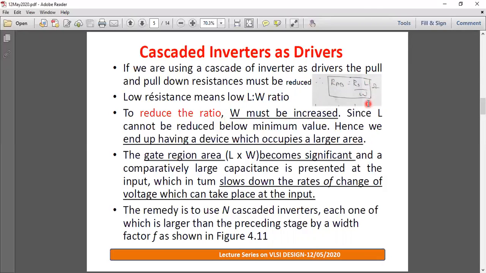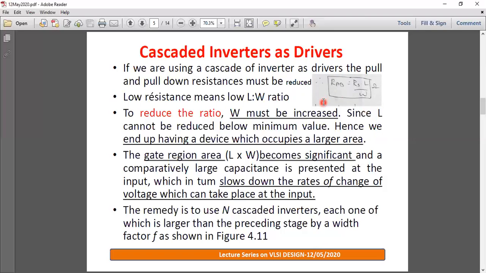But for a technology, length cannot be reduced below the minimum value. For example, for 180 nanometer technology, the minimum length is 180 nanometer. For 90 nanometer technology, the minimum length is 90 nanometer. Similarly, for 45 nanometer technology, the minimum length is 45 nanometer. So we cannot reduce L below the minimum value.